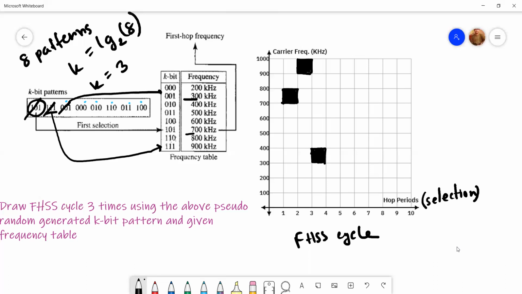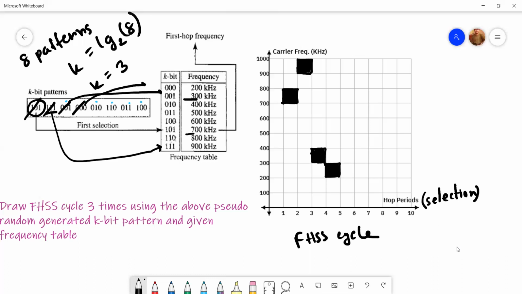So the fourth selection is going to be 000. The 000 is going to be 200. For the fourth selection, we're going for the 200. This is my fourth selection on the x-axis, and on the y-axis this is my grid for the 200. So the fourth selection is gone.